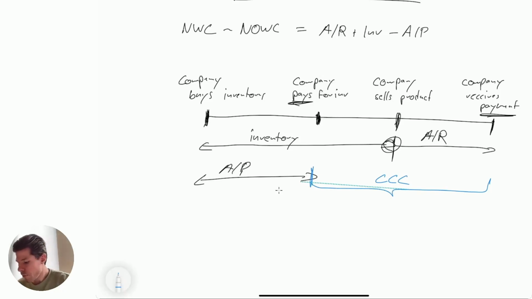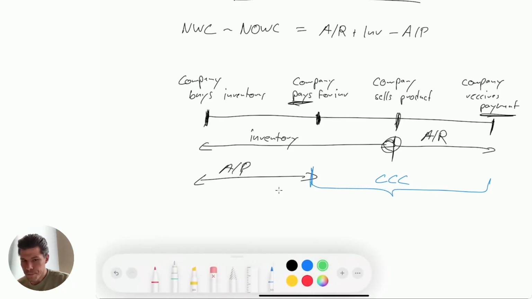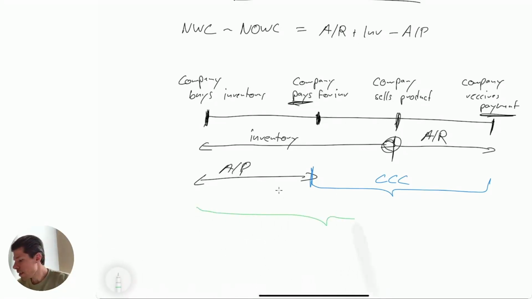And then, just for the sake of completeness, we call this one, the entire line, the operating cycle. That's the entire time it takes from buying the inventory to the very last step of receiving payments.